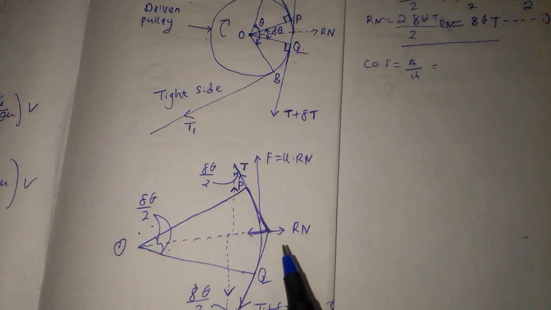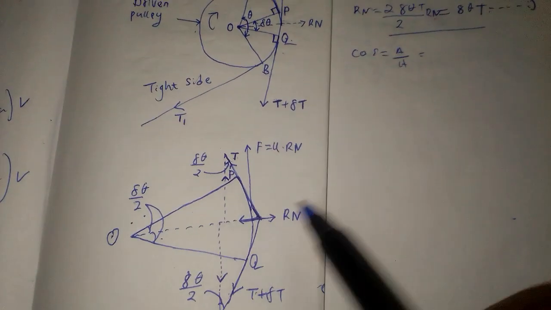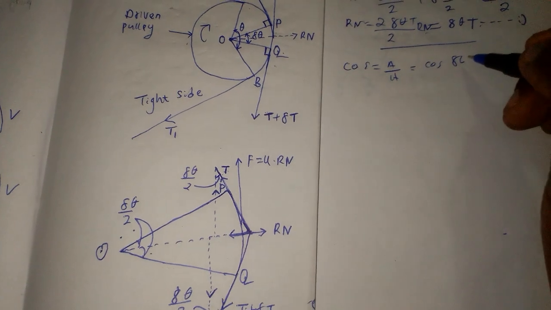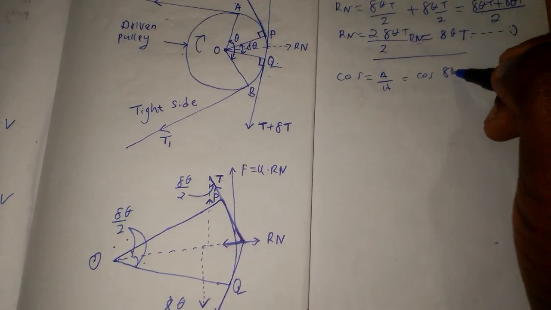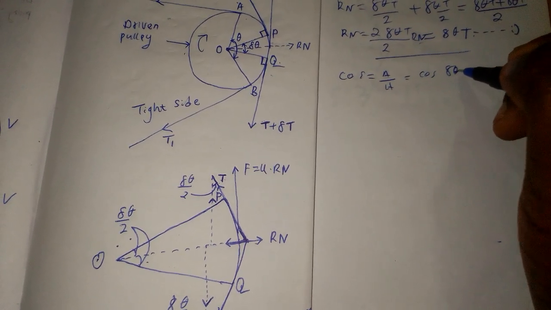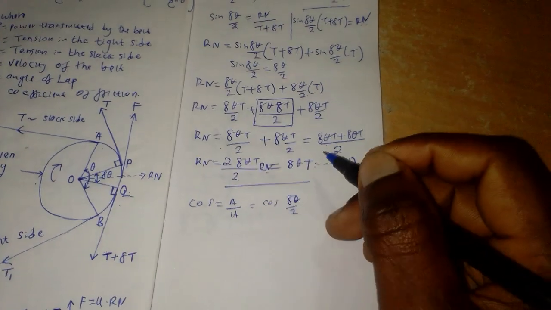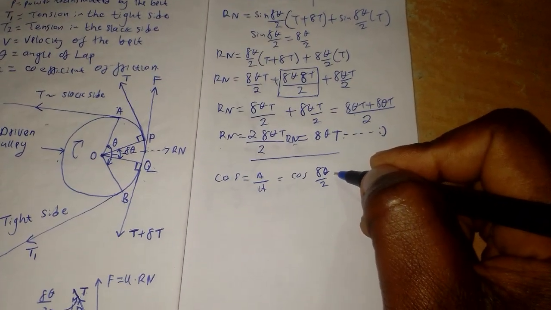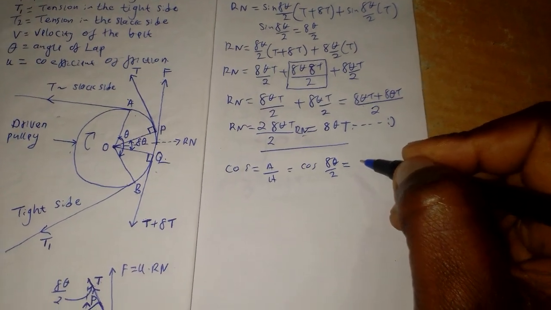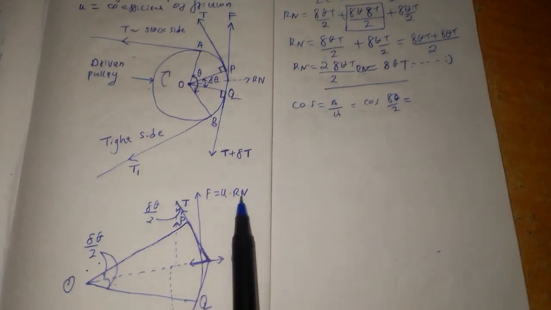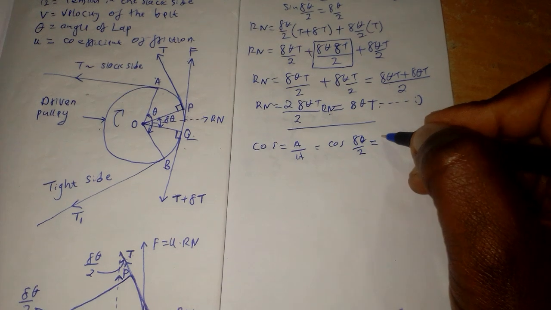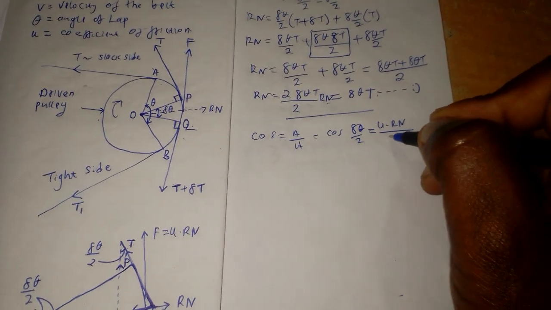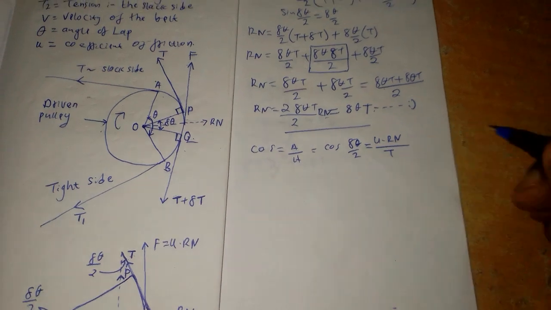Now cos of this angle, which is cos alpha theta divided by 2, is equal to adjacent. Our adjacent is the normal reaction Rn, then the hypotenuse is the tension at the right side.